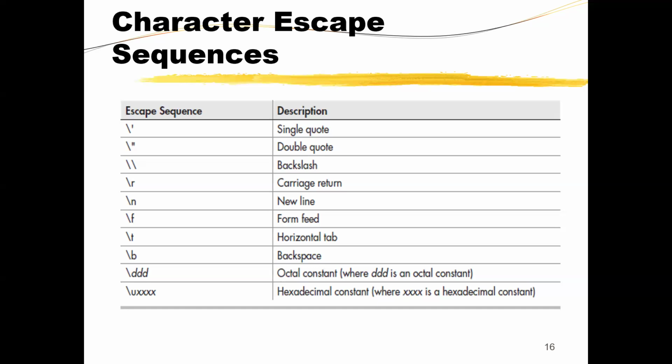Okay, we said that string is a reference data type. And right now, when we display something, we have been using system.out.println, right? In order to display something, to print into the console.